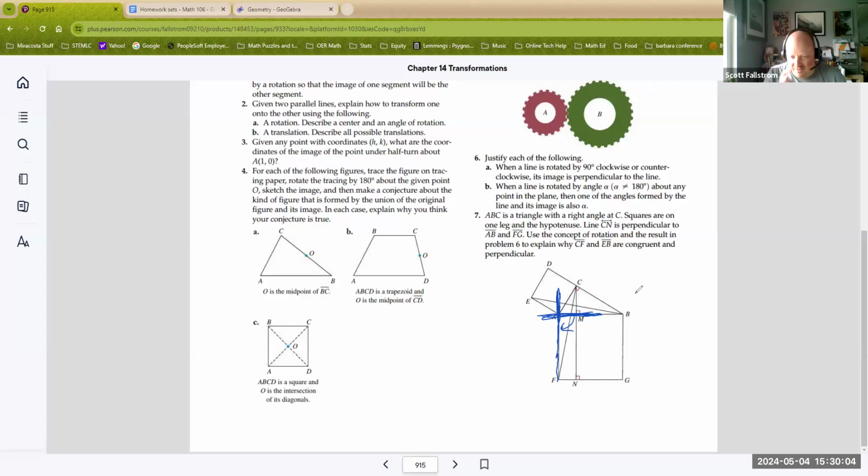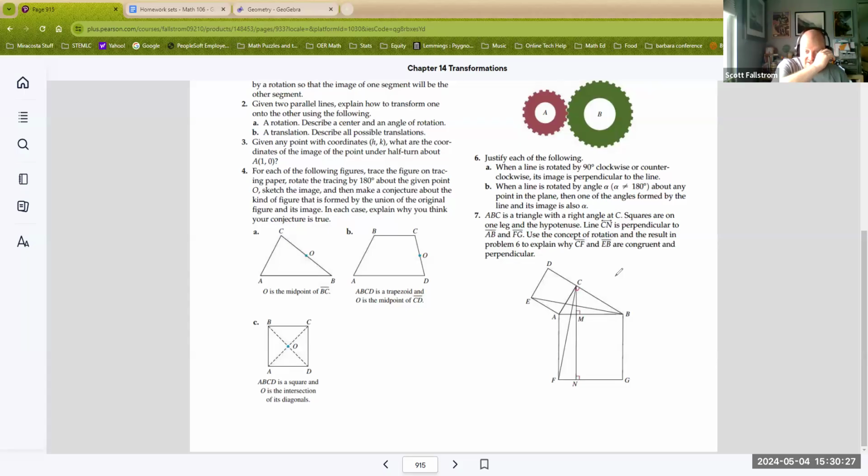Okay. Explain why CF, now here's CF right here, and EB. Maybe I should choose a different color. CF is here, EB is here. So why are those two congruent and perpendicular? So you get a beautiful piece here about rotations, right?